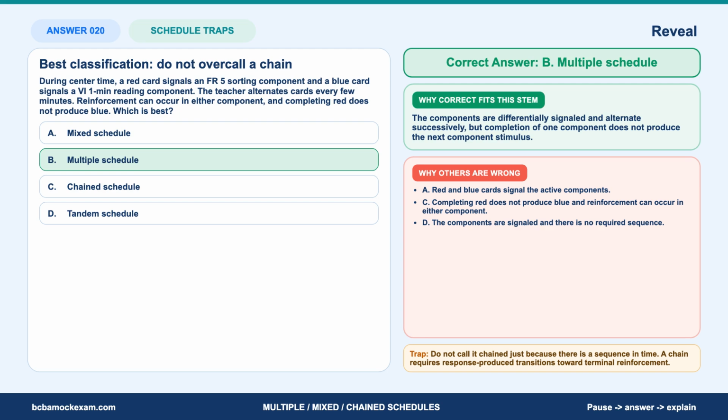For C, completing red does not produce blue and reinforcement can occur in either component. For D, the components are signaled and there is no required sequence. Say the reason in one sentence before moving on. Trap check. Do not call it chained just because there is a sequence in time. A chain requires response-produced transitions toward terminal reinforcement.